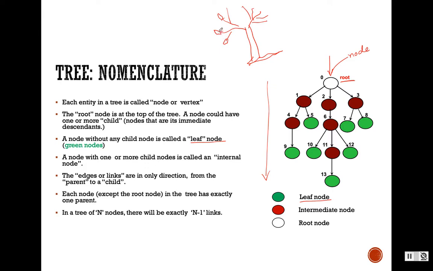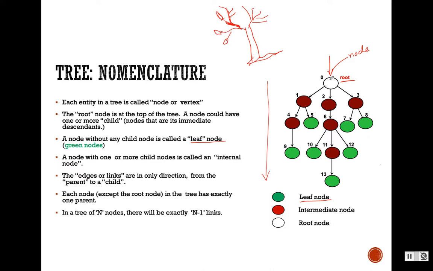A leaf means there is not going to be any branch from it, whereas from one piece of wood there could be multiple branches. When there is a leaf, that's the end of the branch. We are going to use the same terms from the real tree for the tree data structure.